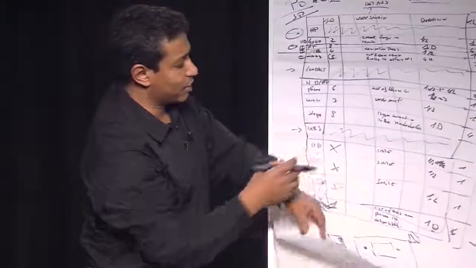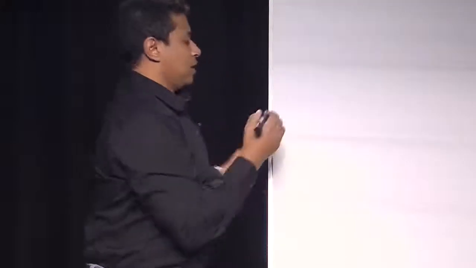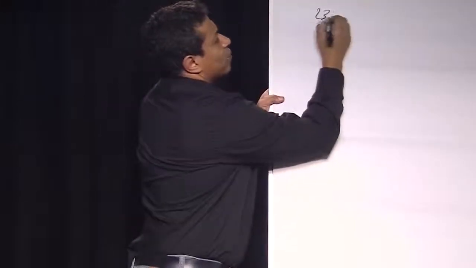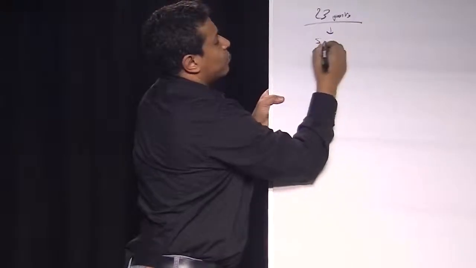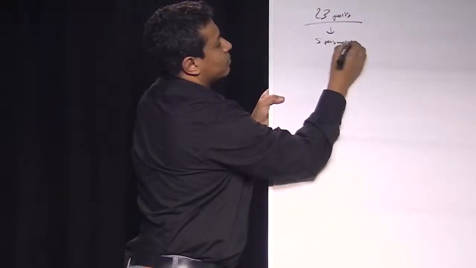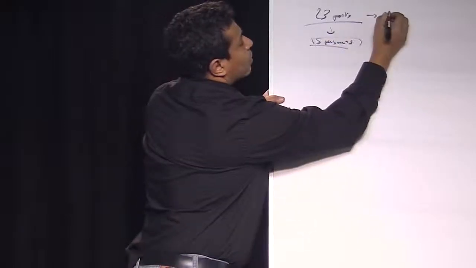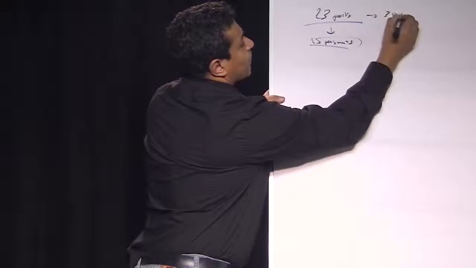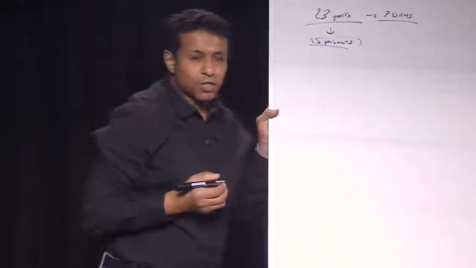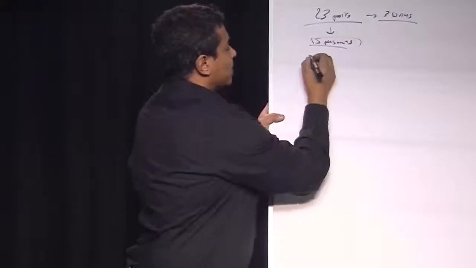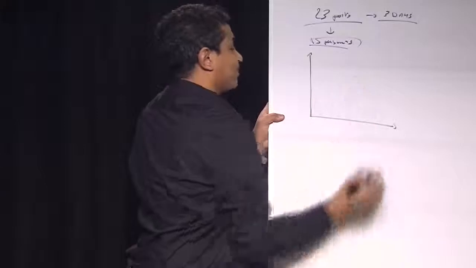I'm going to come back to it later, just to explain. I said I have 23 points on a team of 5. These 23 points have to be spent in 3 days.